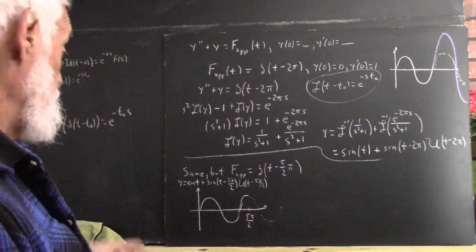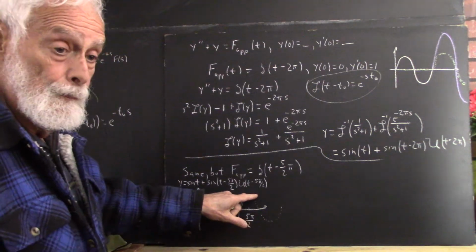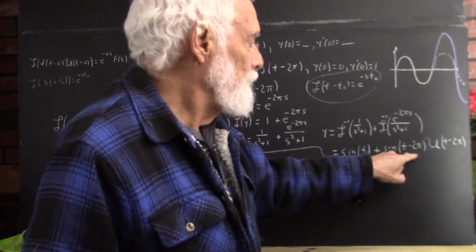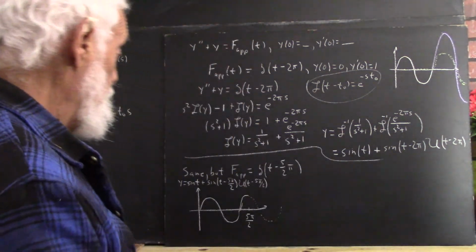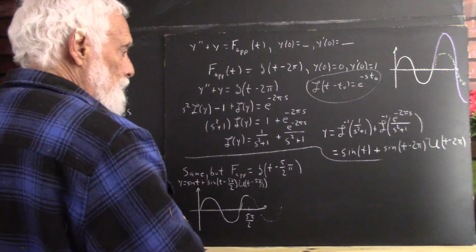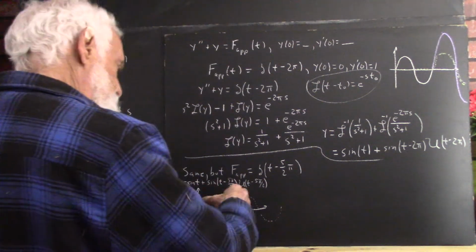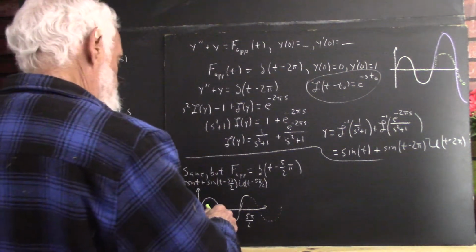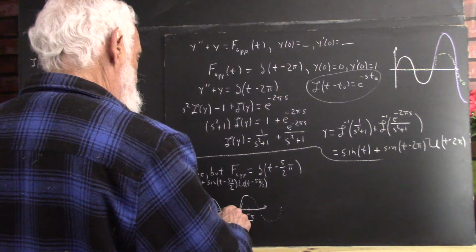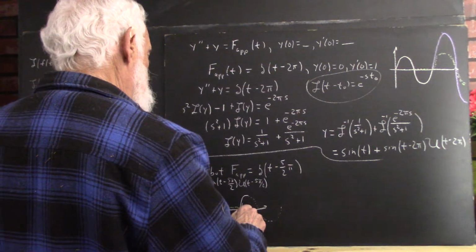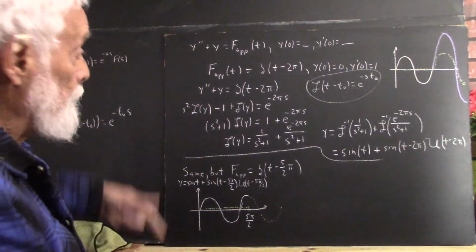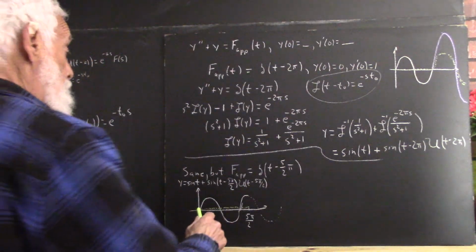Okay, well, what have you got now? That might be a little small to read, but we're just shifting. These are 5 pi over 2's here, which means now that our Heaviside function times the sine of the shifted argument is going to be 0 all the way up to 5 pi over 2, and then it's going to follow a sine curve from there.